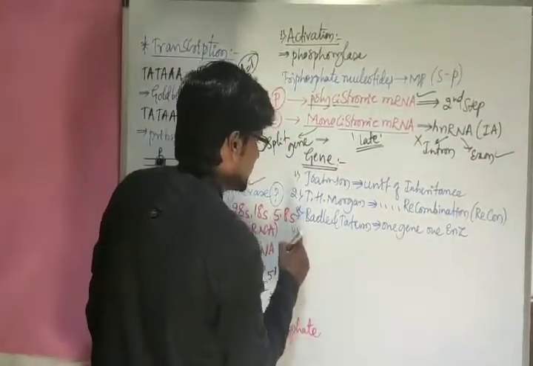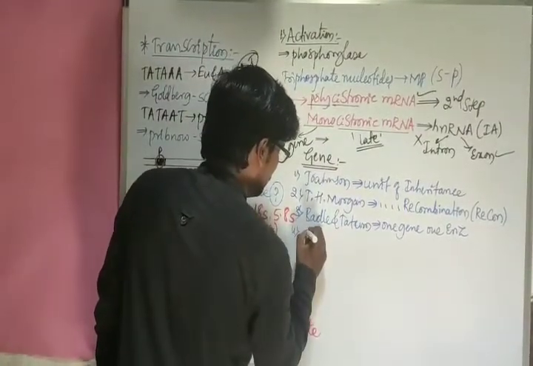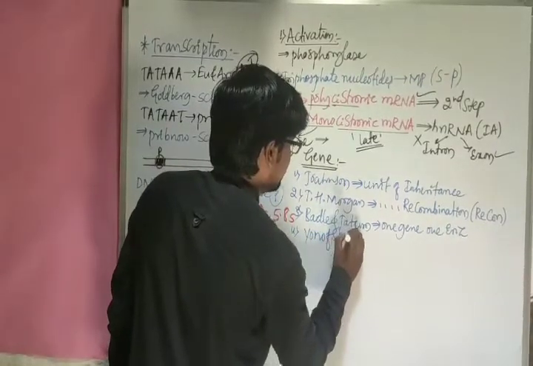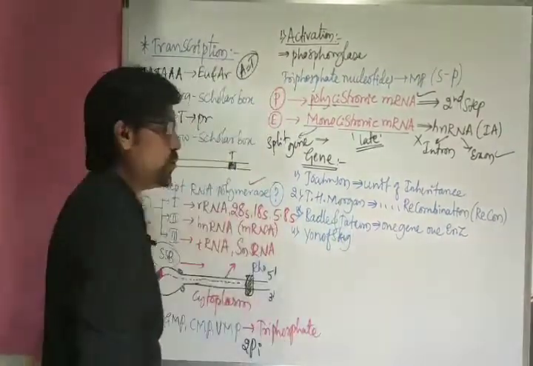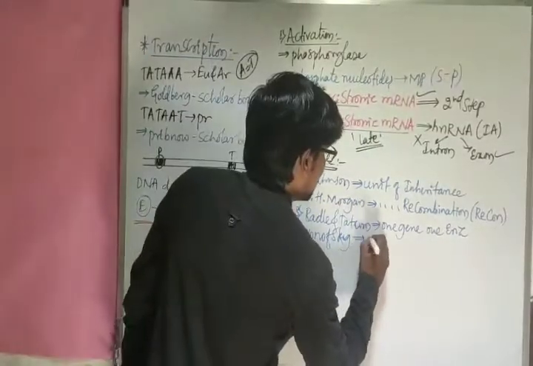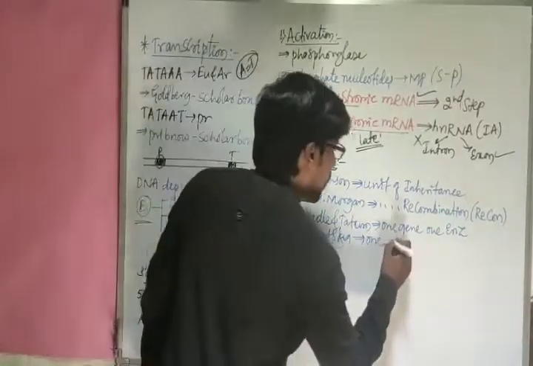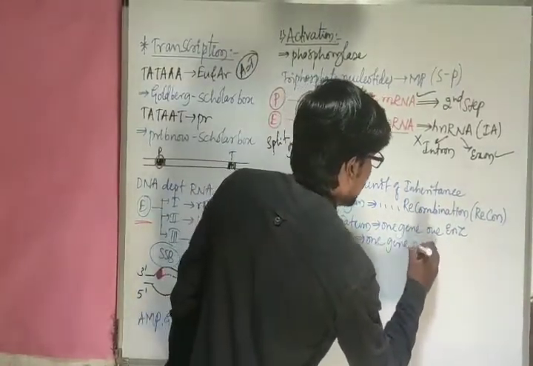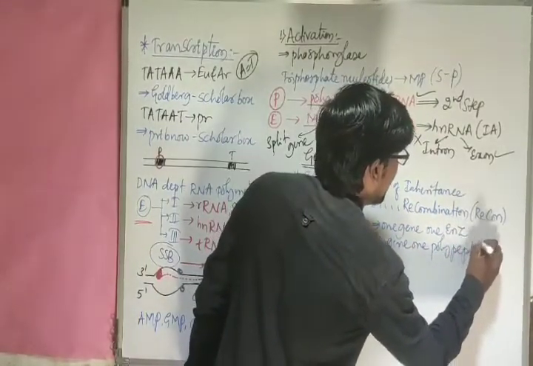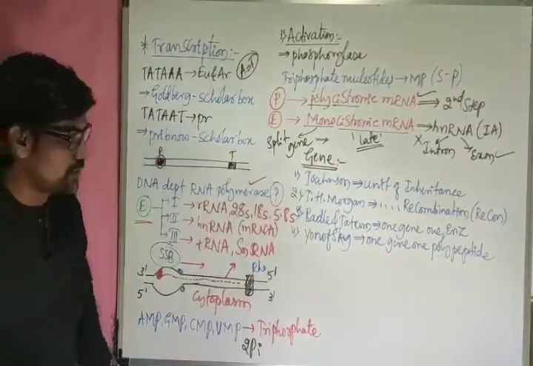Then the scientist Ingram, according to him, gave the same thing in a different manner: one gene, one polypeptide chain. According to him, the gene is responsible for the production of one polypeptide chain.